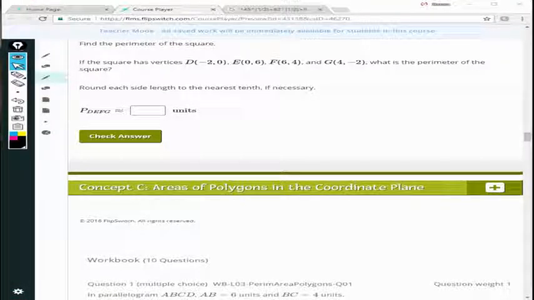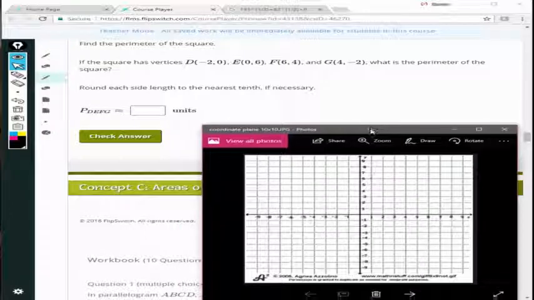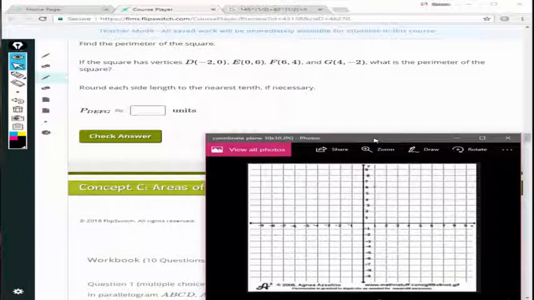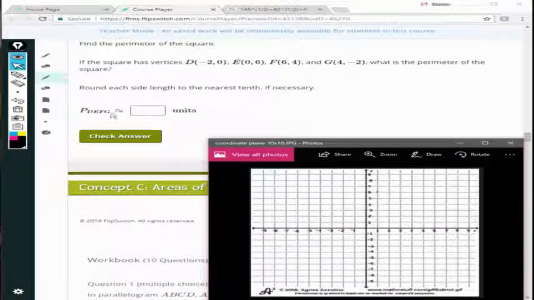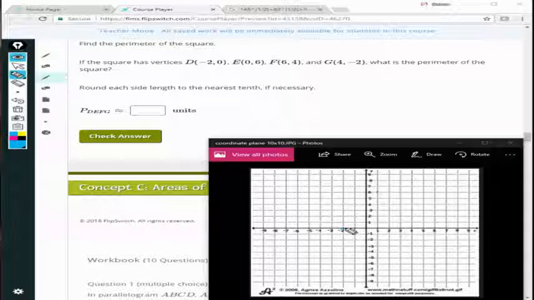Alright, so find the perimeter of the square. If the square has these vertices, I am just going to plot them. So -2, 0 is D. E is 0, 6.